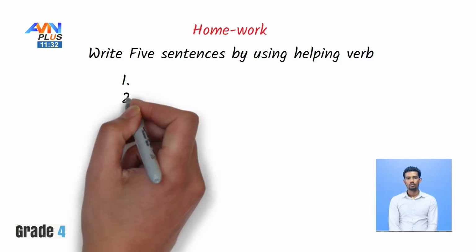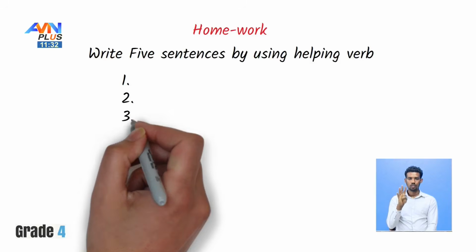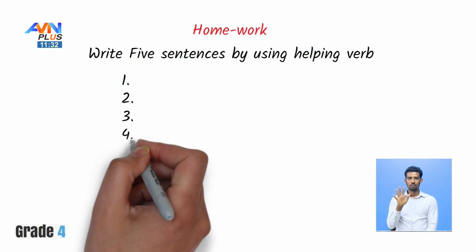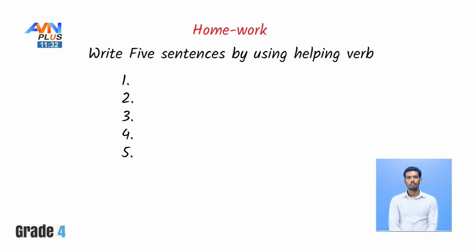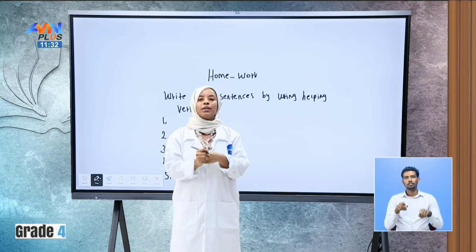One, 2, 3, 4, and here is 5. You can make 5 sentences by using different types of helping verbs.